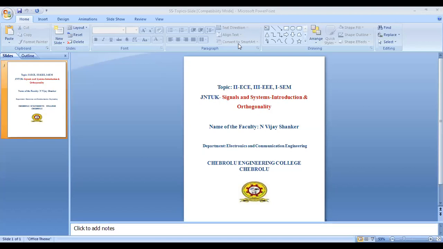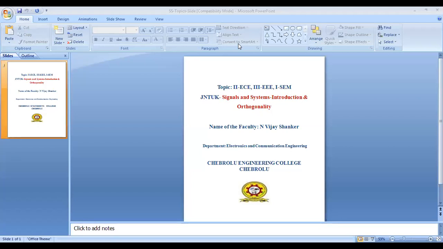And coming to the system, it is a set of elements or functional blocks. The functional blocks are connected together and produce an output in response to the input signal.